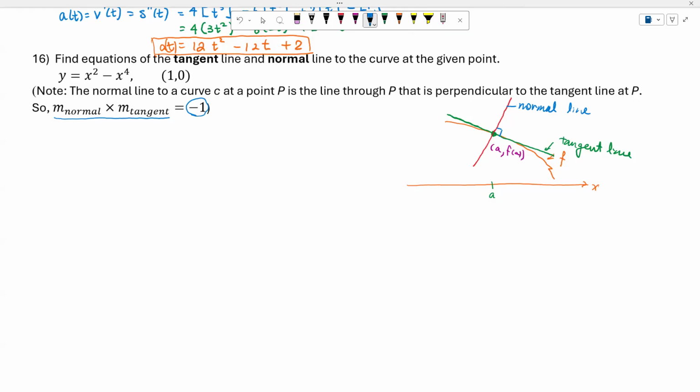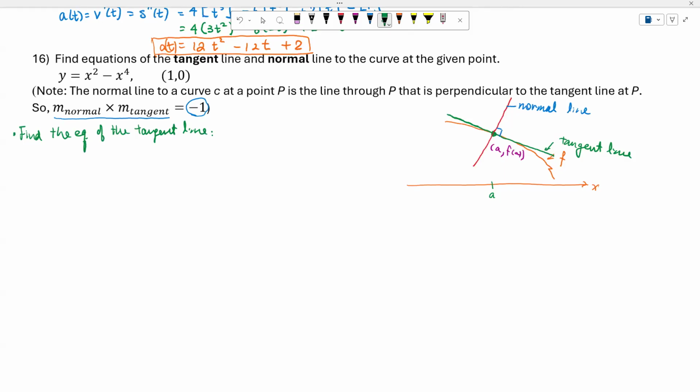So then let's see how we actually work out this problem. I would like to separate the steps and procedures and see if you can follow. First, I would like to find the equation of a tangent line. Remember, in order to find the equation of a straight line, we need the slope and a point.